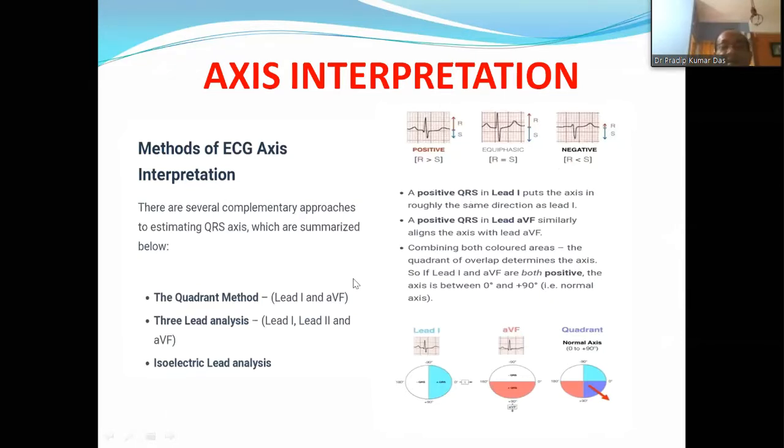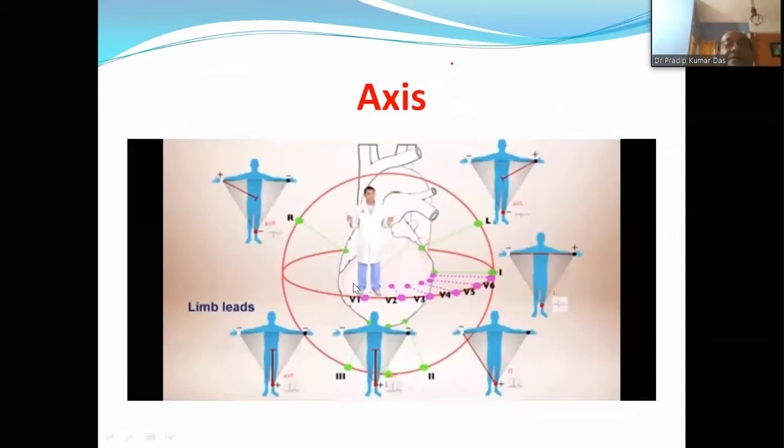It is very simple and easy to understand and remember. As we said before, the heart is seen in two planes. This is the frontal plane, this is the horizontal plane. Chest leads see from the horizontal plane, and the limb leads see the heart from the frontal plane.